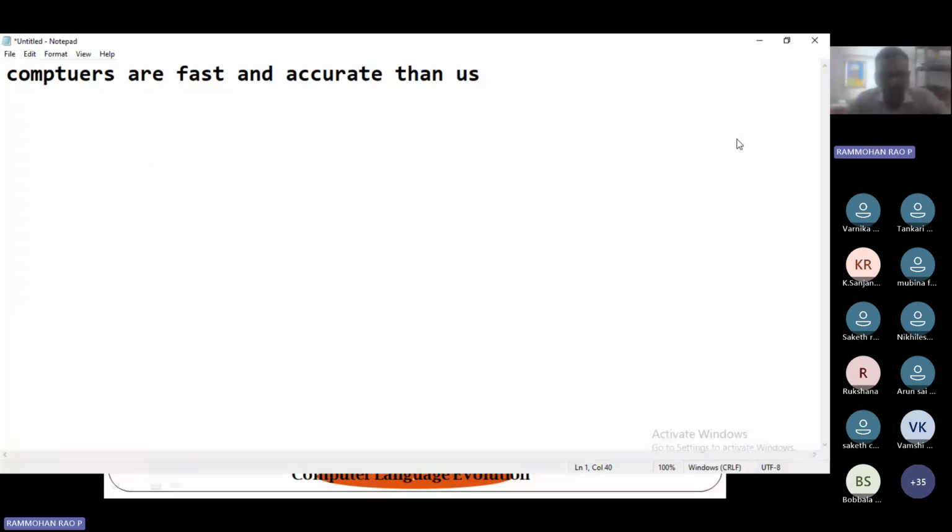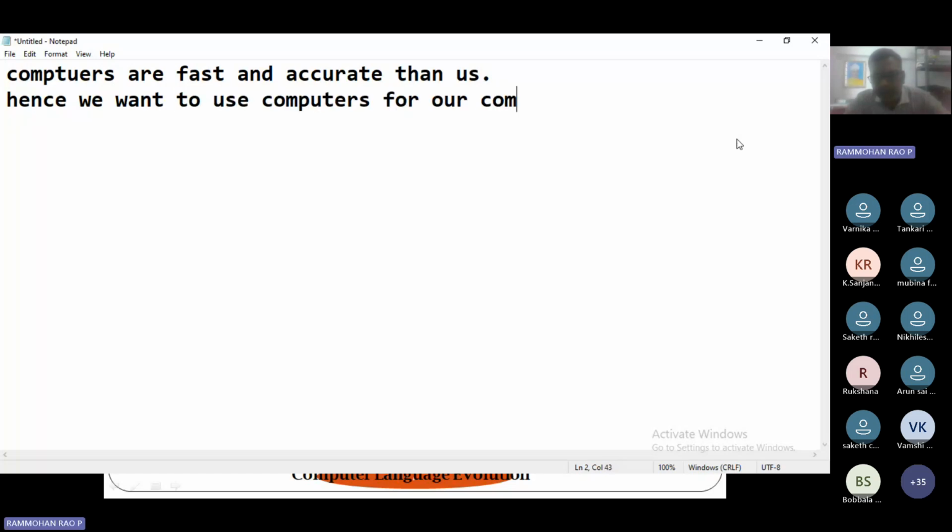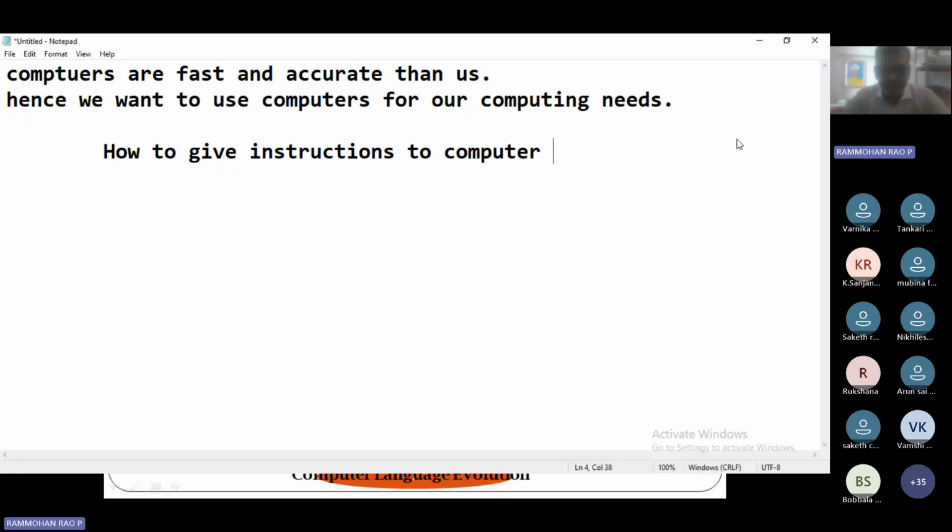There is no doubt in that. Hence, we want to use computers for our computing needs. How to give instructions to a computer? This is an important point, friends. I don't mind spending the entire class explaining this concept, but one should make sure they understand how to give instructions to a computer, right?